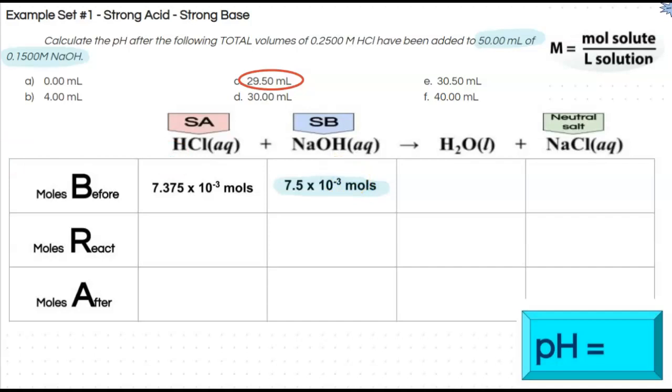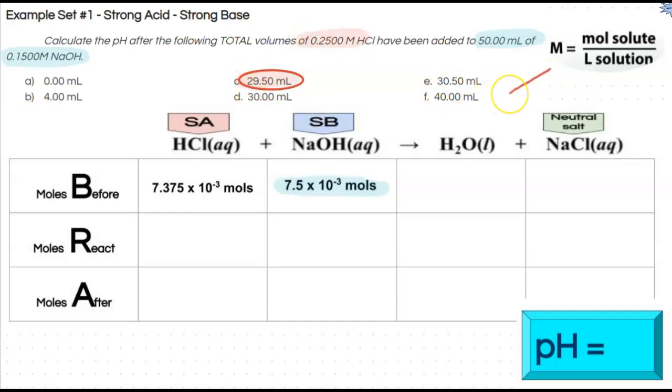What I'm doing differently on this one is I have added, instead of 4 milliliters like we did on the last part of the problem, we're now adding 29.5 milliliters of the same acid. So I have an acid of concentration 0.250, and I'm adding 29.5 milliliters.